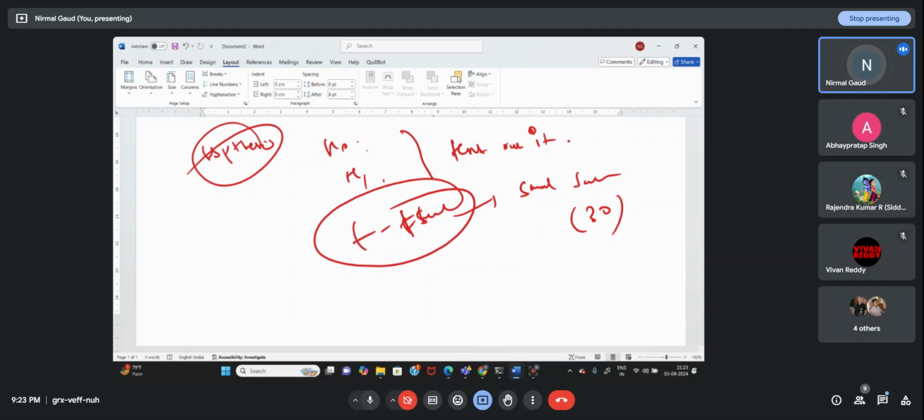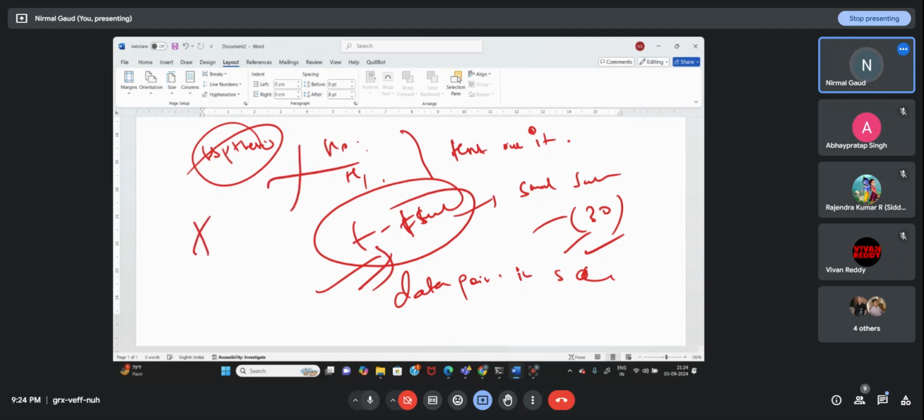Not everything is mandatory. If you have fewer than 30 data points in a sample, then apply the t test, because in that case you are not going to have a normal distribution.